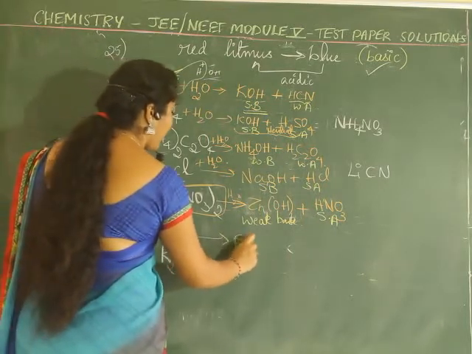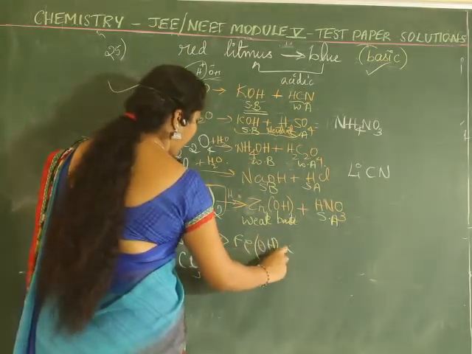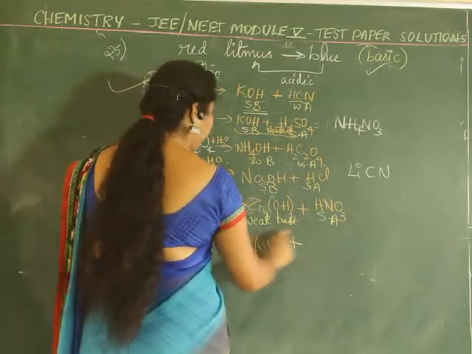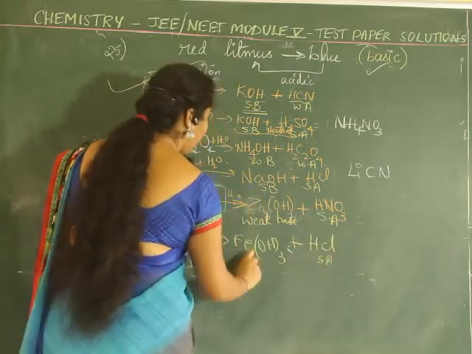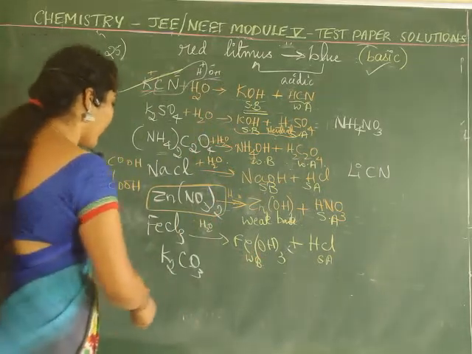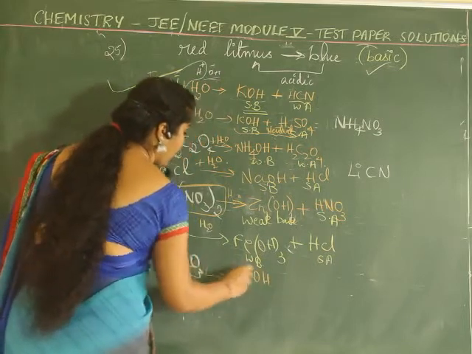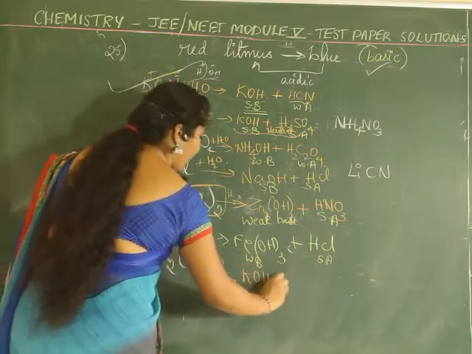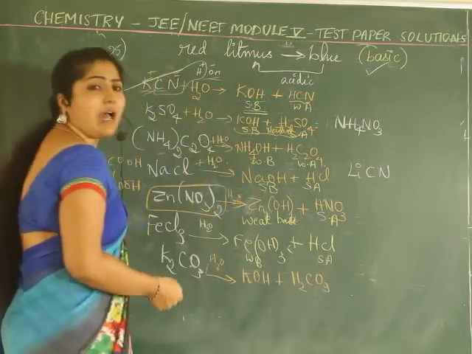FeCl3, again if you treat with water, you get ferric hydroxide plus HCl. So a strong acid and a weak base. Ultimately you get an acidic solution itself. K2CO3, if you treat it with water, you get KOH plus H2CO3, carbonic acid.